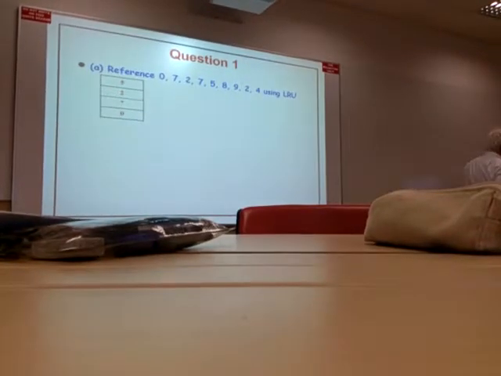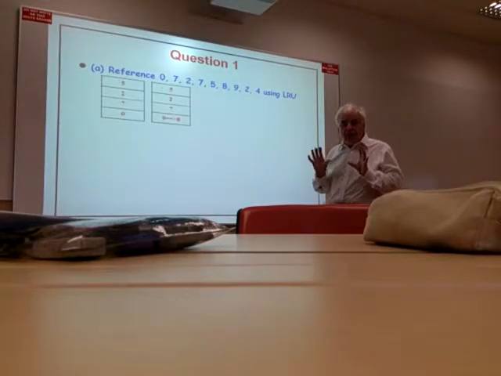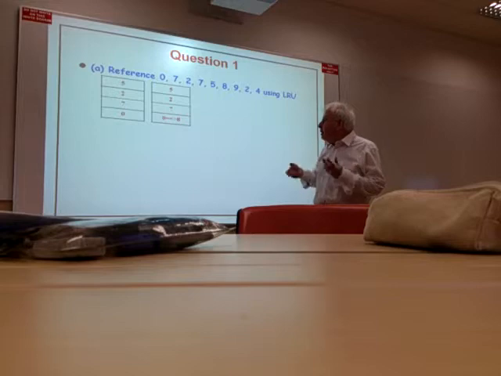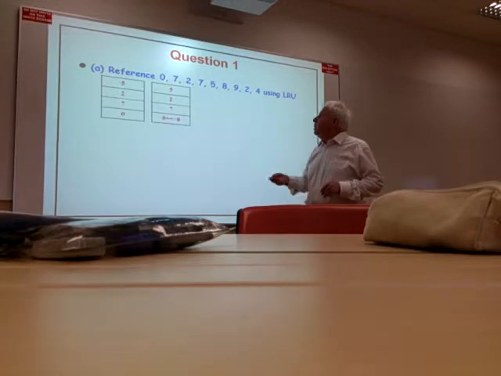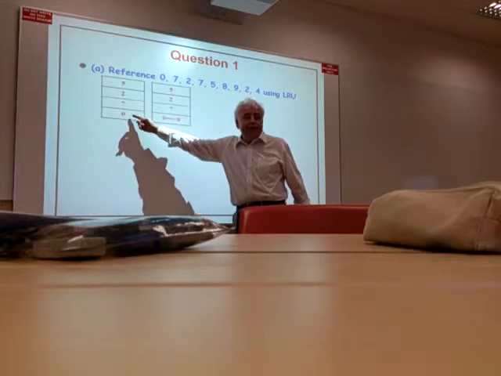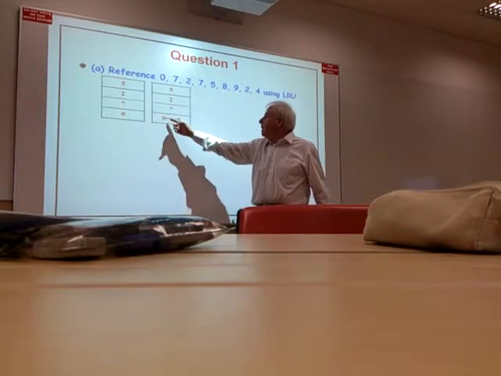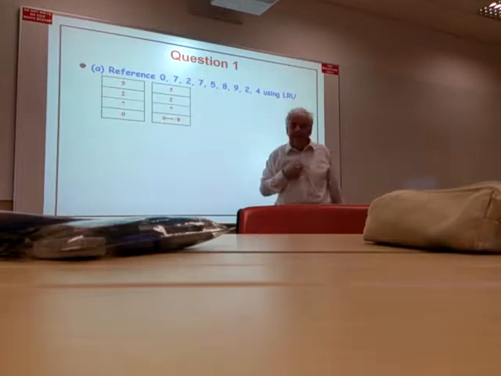Okay, and then we access 8. When we access virtual page 8, we have this least recently used algorithm. The virtual page that was least recently used is 0, so we replace 0 by virtual page 8.